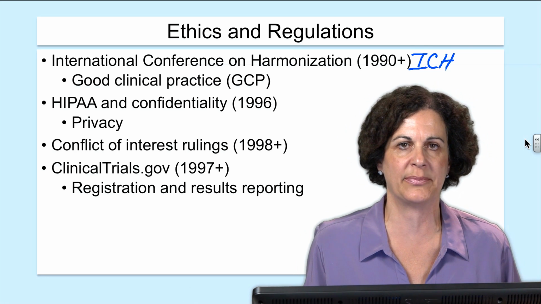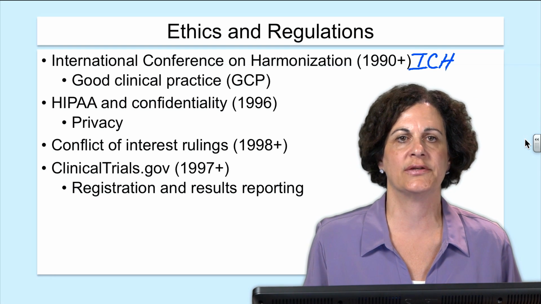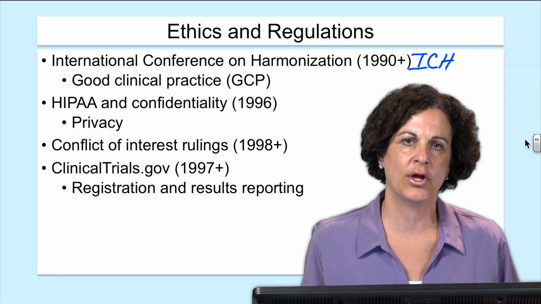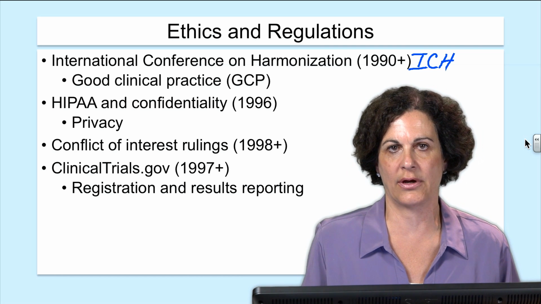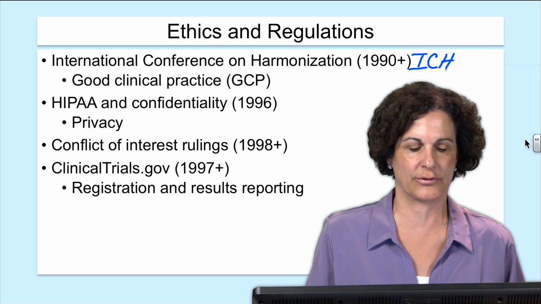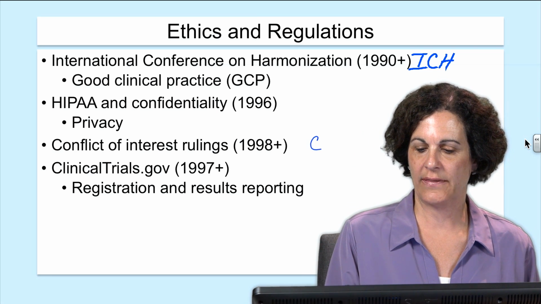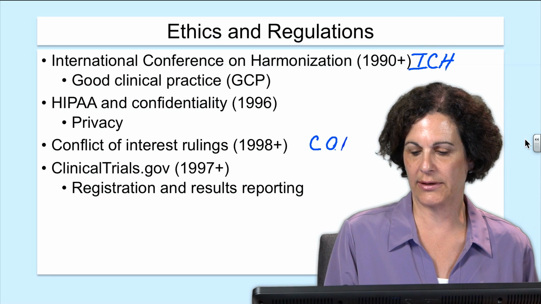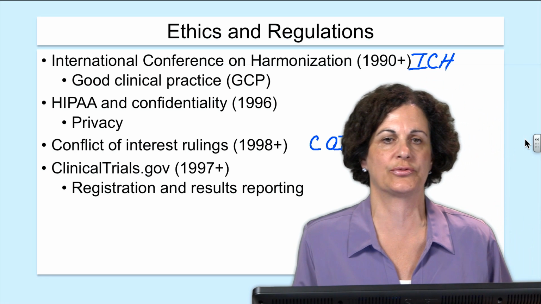And that's important to keep under consideration because part of the informed consent process is to speak to the issues of the trial, but also speak to the issues of privacy related to the data and documentation that's collected as part of the trial. There are a number of conflict of interest rulings that also apply to the ethics of regulations. They're also called COIs, conflicts of interest.